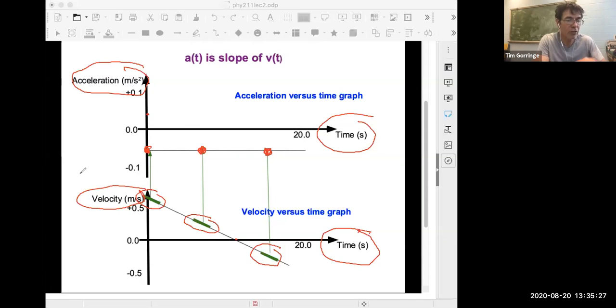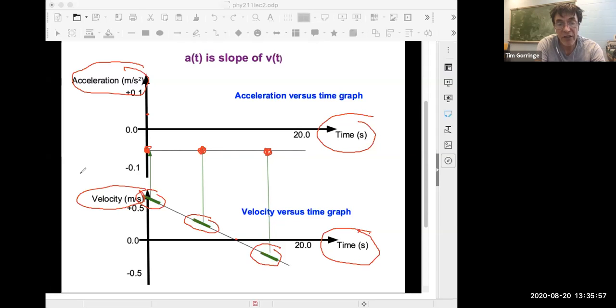Okay, there's a question from Sarah, which is actually a good question. Let me rephrase it: will acceleration always be constant for one-dimensional motion? No. It is in this example, and we'll explain why in the next class.